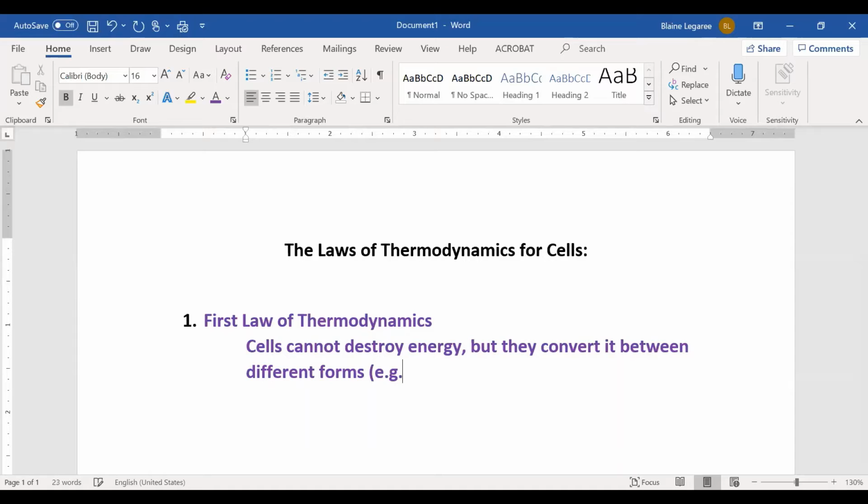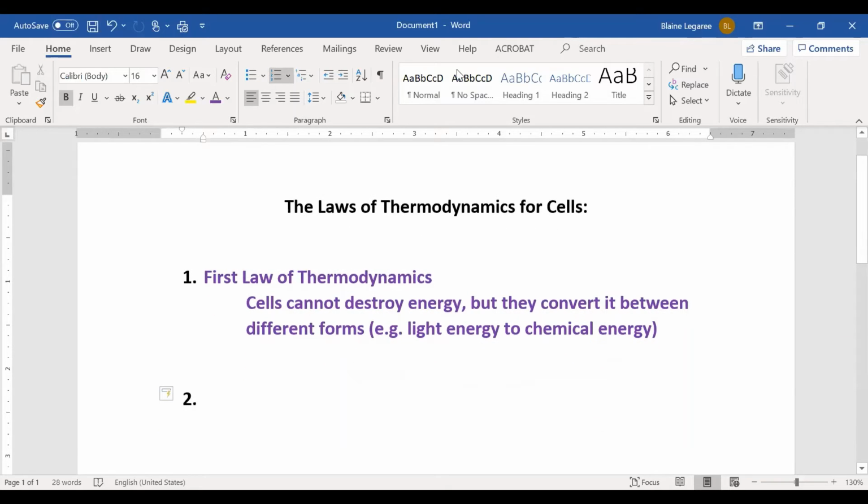So for example, a plant cell might convert light energy to chemical energy. I will put a second law here in a moment, so I'll come right back to that.